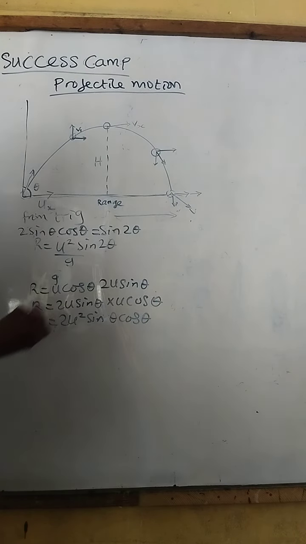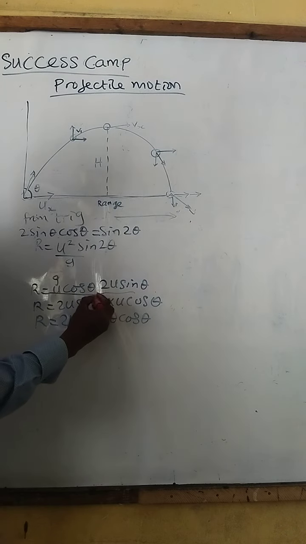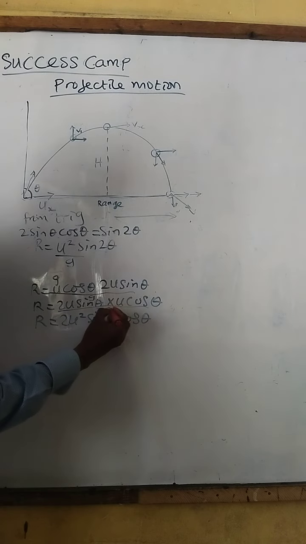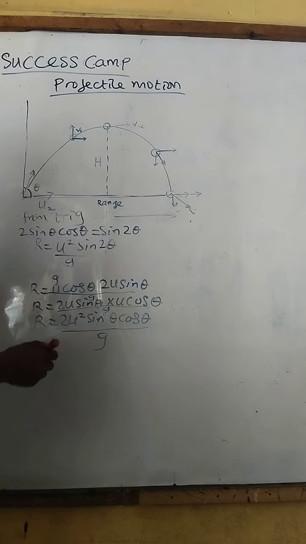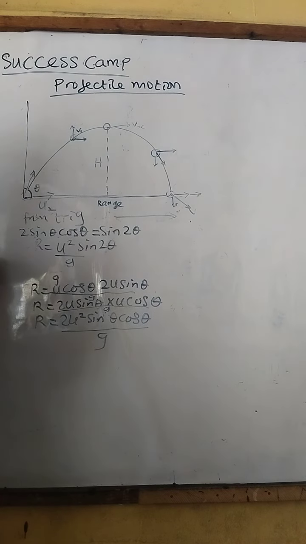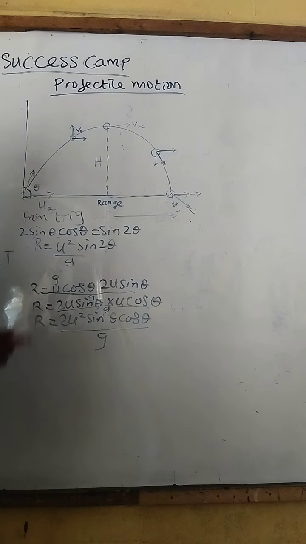Okay, sorry, I forgot to include my g. I think I made that silly mistake, so that you don't forget that your range is actually u over g times t.